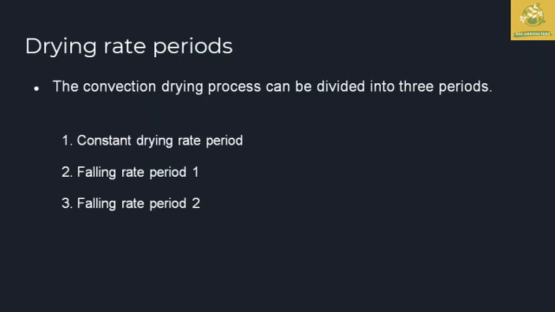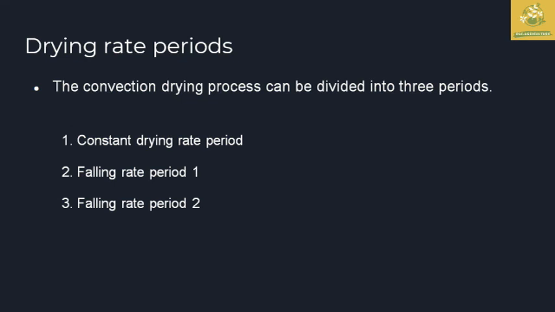While seeing about the drying rate periods, the convection drying process can be divided into 3 periods: the constant drying rate period, falling rate period 1 and falling rate period 2. The constant rate drying period is where there is a regular decrease of moisture at a constant rate during the first phase.